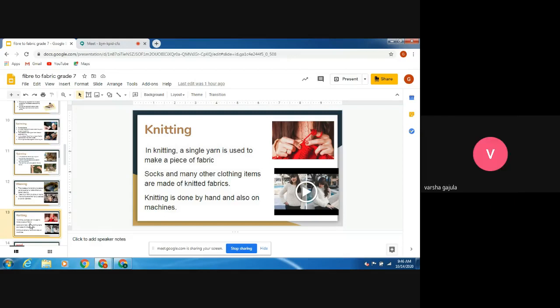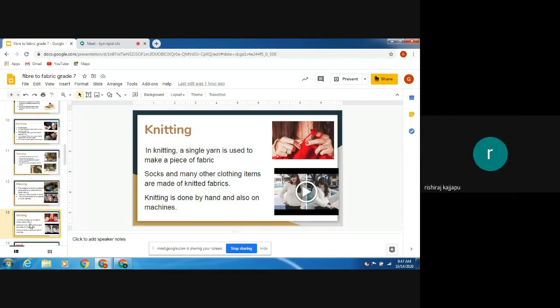Can I ask one doubt? Yeah, definitely. Sir, by knitting can we only make woolen clothes or other clothes also? Woolen clothes only. Socks are made by knitting.